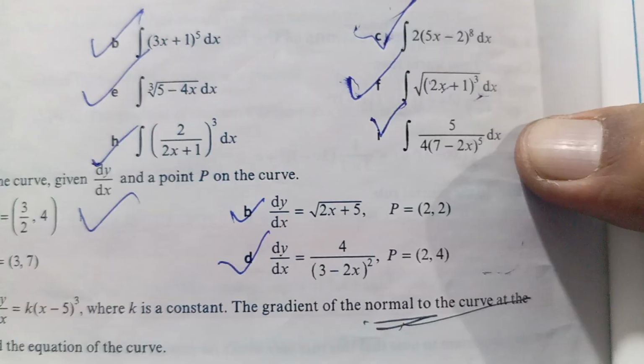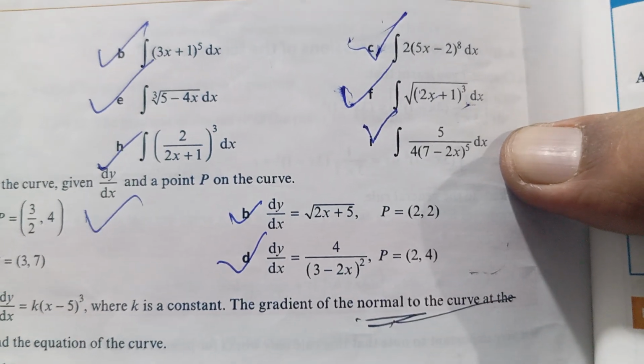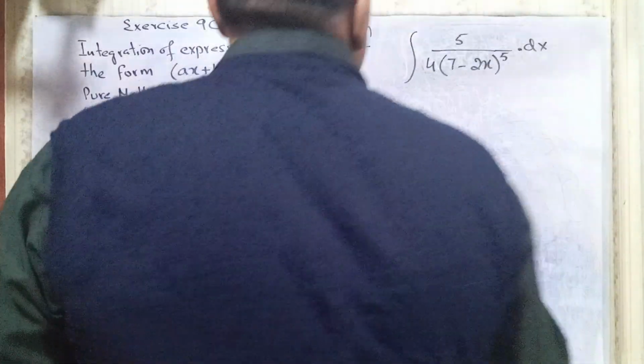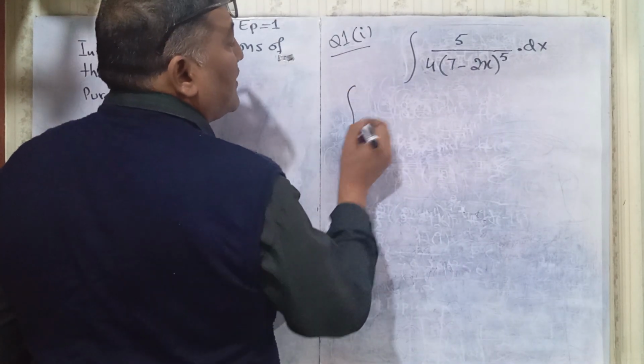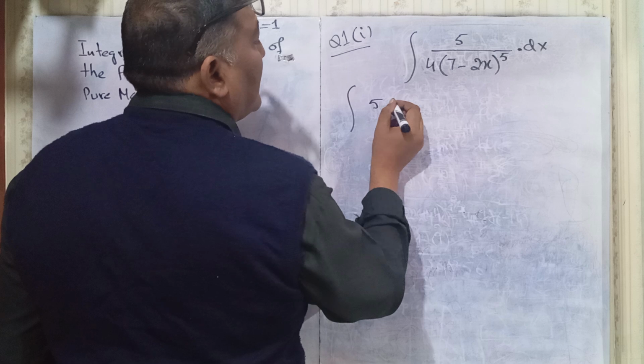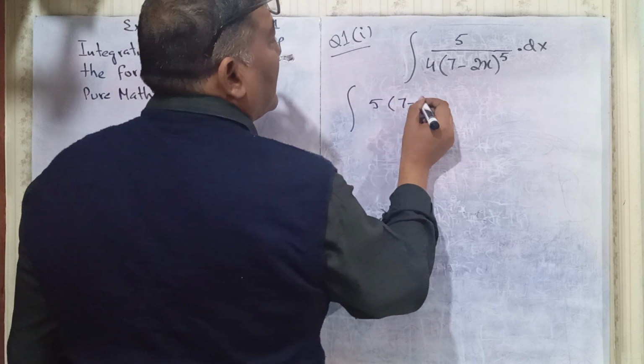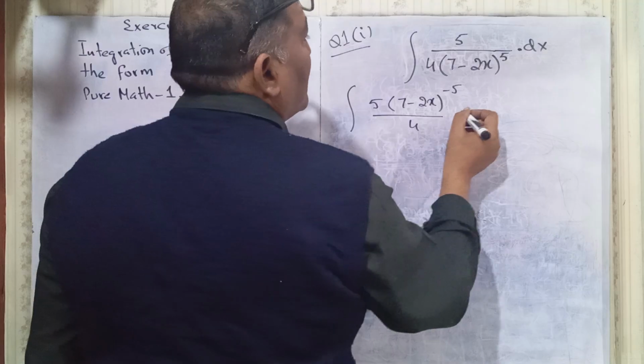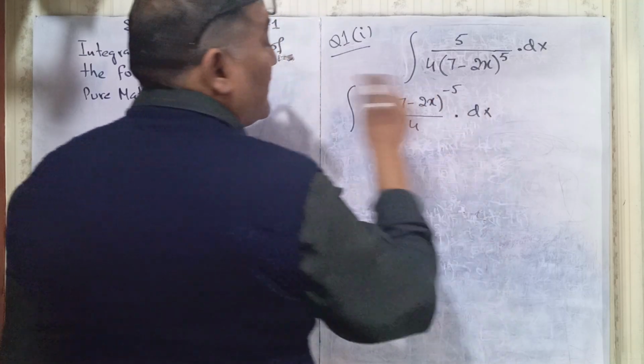Okay. So this will be integration 5 bracket 7 minus 2x raised to power minus 5 divided by 4 d of x.